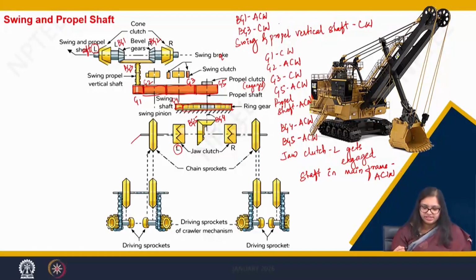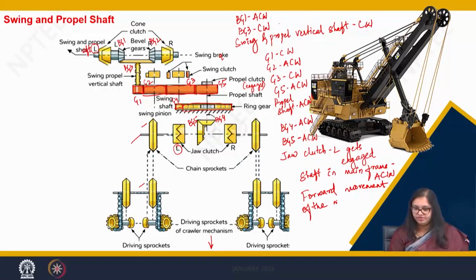So, when this rotates anti-clockwise, this is one sprocket, this is the other sprocket. This also starts rotating anti-clockwise and it leads to the forward movement of the machine.